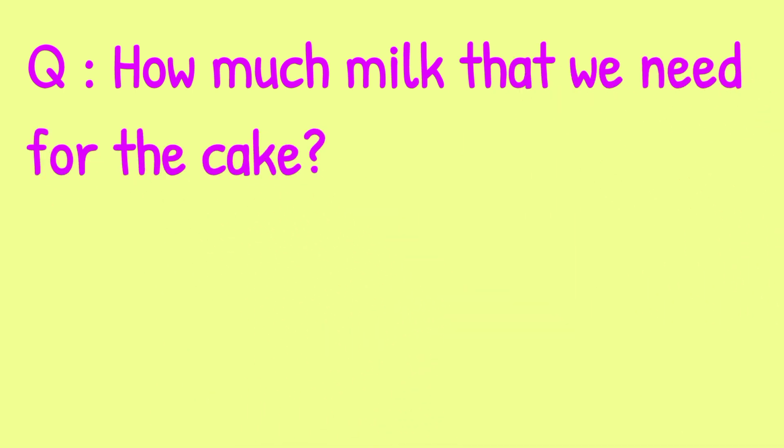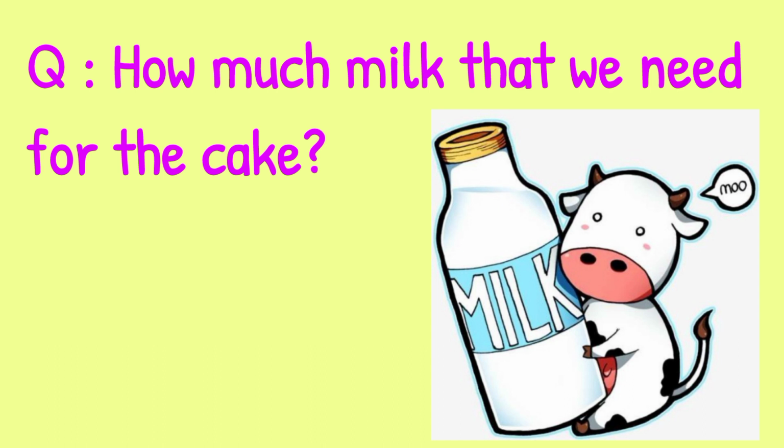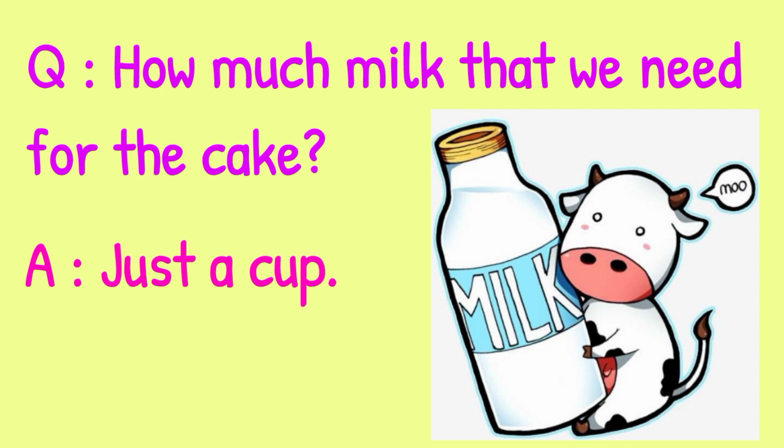Next, when someone asks you, how much milk do we need for the cake? Remember, milk is uncountable noun. We can't count a liquid. We need tools to measure them. So, we can say, just a cup.